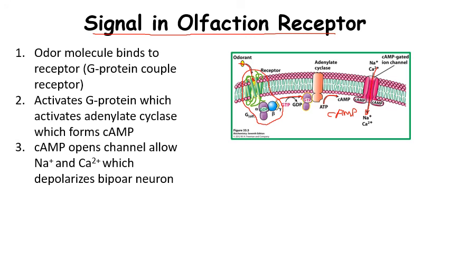Okay, but odor molecule binds to the receptor, activates G protein, activates adenylate cyclase, we get our cyclic AMP, and then that cyclic AMP ultimately is going to result in opening of sodium and calcium channels, and those positive ions coming in cause depolarization and activation of that neuron.